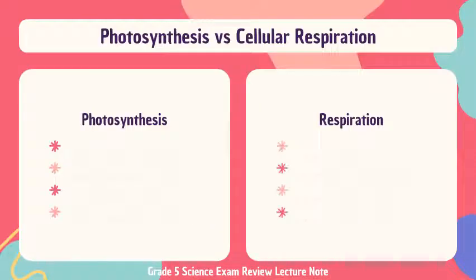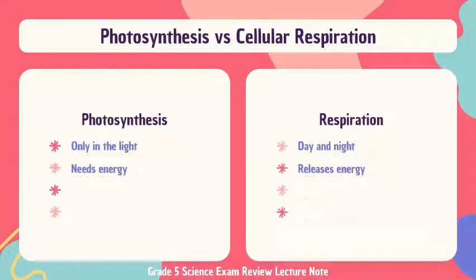So this is a very important kind of energy that helps plants to grow and live in a healthy way. So by photosynthesis, plants use sunlight energy to make their food. Photosynthesis happens during the day only, while respiration happens day and night. Photosynthesis, as I said, needs sunlight energy. By respiration, plants produce energy.